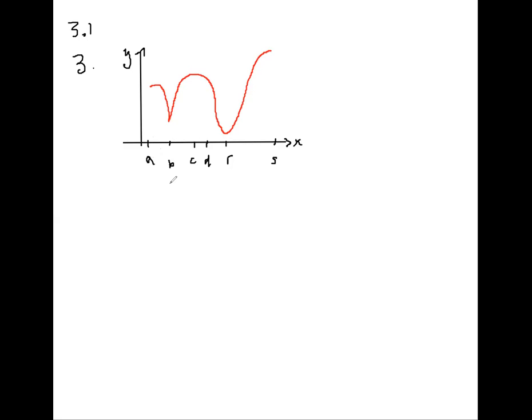At A, there is neither because it is one of our endpoints, and so we can't call it a max. So this is neither. This is going to be a local min. What about C? Local or absolute?